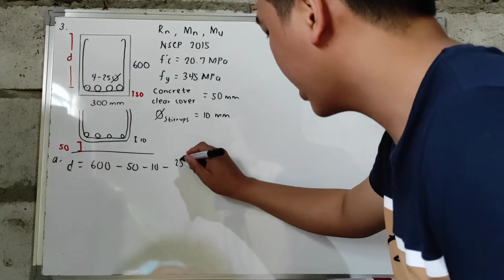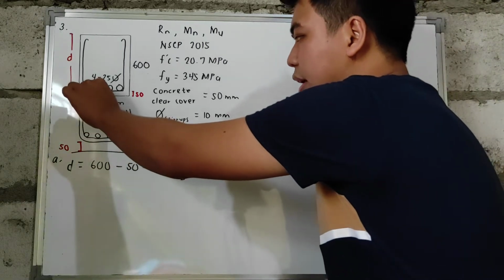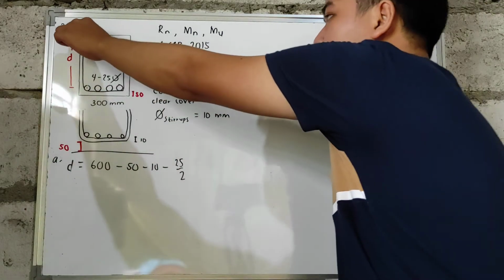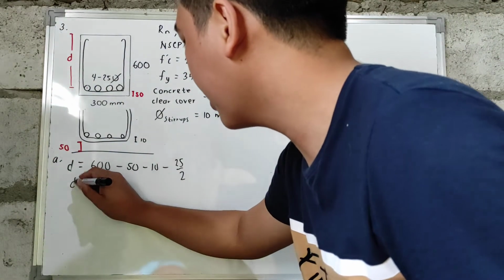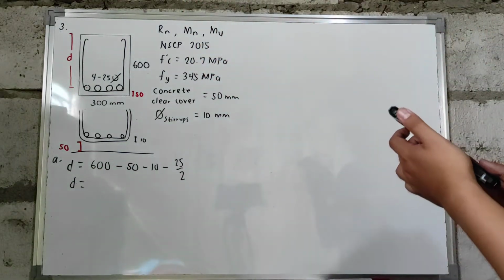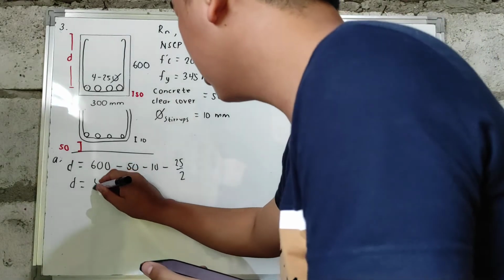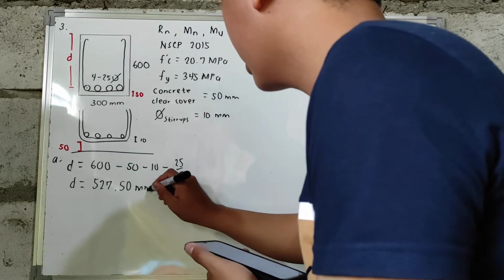So we have 25 over 2. Kasi yung goal natin is from the center ng reinforcement natin hanggang dun sa extreme compression fiber natin. So, the value of your effective depth is now equal to 527.50 mm.